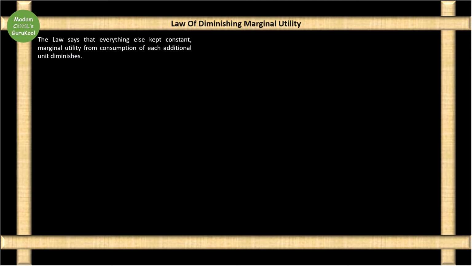To understand this better, let's understand two other concepts, that is total utility and marginal utility. Total utility talks about the cumulative satisfaction or utility derived from consumption of all the units till then.